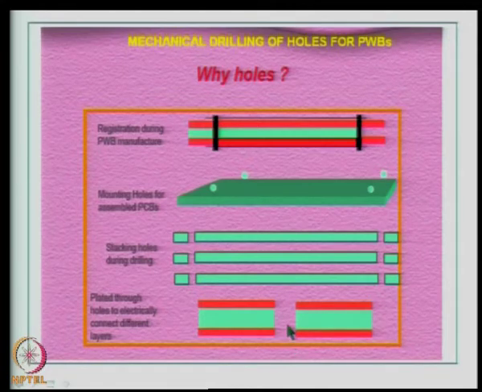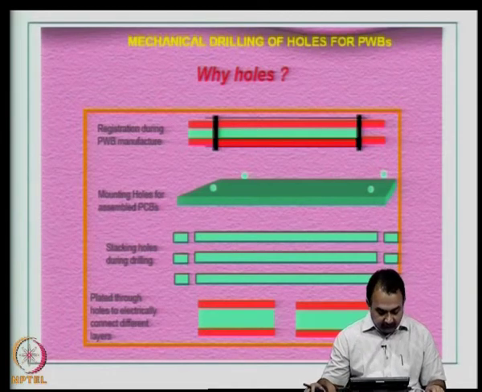So, in our case we are more focused on how to make a hole wall conductive from a mechanically drilled hole of a structure like this, where you have copper on both sides, a dielectric sandwiched in between. You are doing a mechanically drilled hole and you are going to copper plate this. So, we are going to look at how well a mechanically drilled hole can be made suitable in all aspects for electroplating.